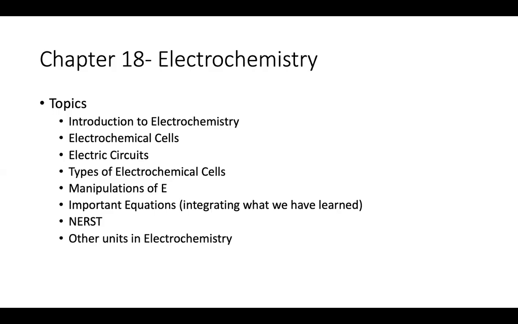Talk about our manipulations of cell potential, or E. Then going into some important equations, integrating what we've learned. On that slide, we'll look at how cell potential relates to change in Gibbs free energy and our equilibrium constant. Then we'll look at the Nernst equation before looking at other units within electrochemistry.